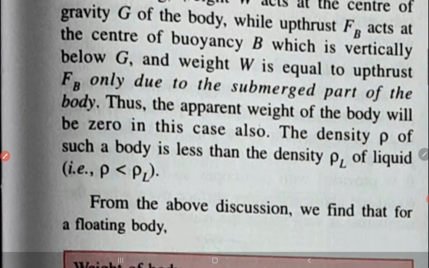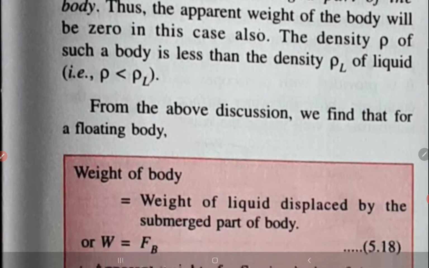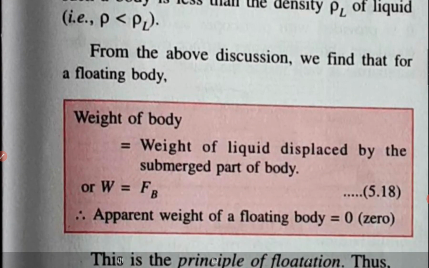Now from the above discussion we find that for a floating body, this is the main part here, this is the principle of flotation, right? The weight of the body is equal to the weight of the liquid displaced by the submerged part of the body, that is, the upthrust, during flotation. Okay, this is only true for a floating body.